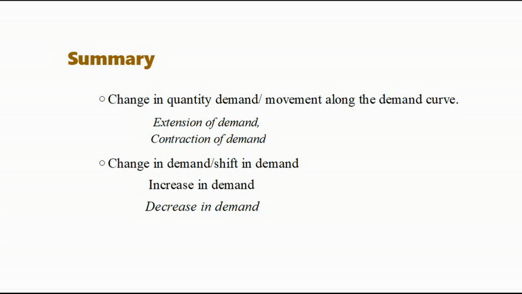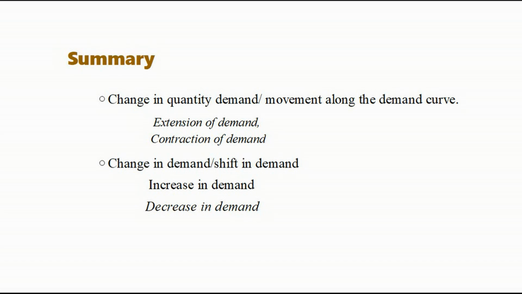When there is a downward movement along the demand curve, that is represented as extension of demand, which results from a decrease in the price of the commodity. And when there is an upward movement, that is referred to as contraction of demand. It is mainly the result of an increase in the price of the commodity. These are the concepts related to change in quantity demand.